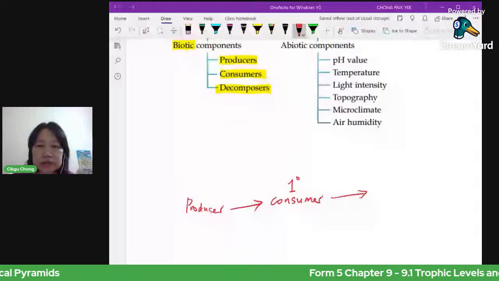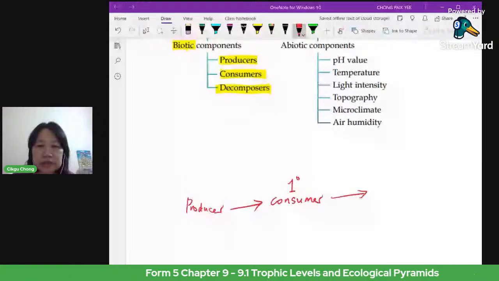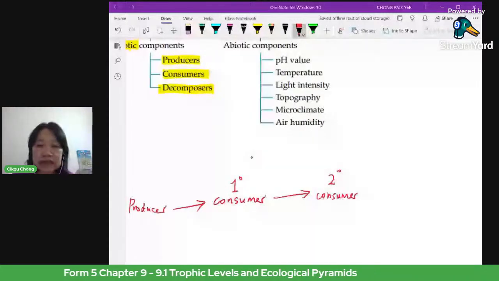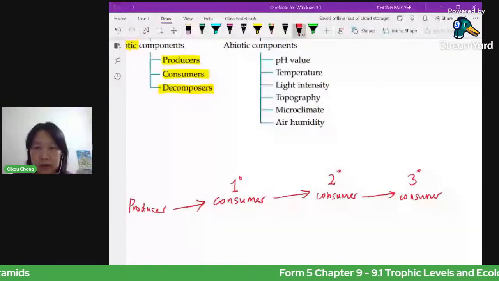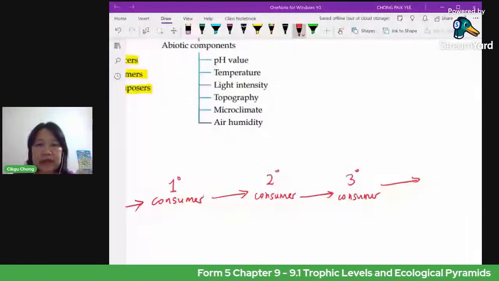You know this very well, right? You've learned it in primary school. And when this secondary consumer is eaten by a consumer, it's called the tertiary consumer. The word I'll show you afterwards.